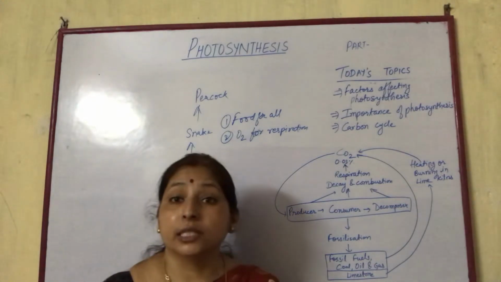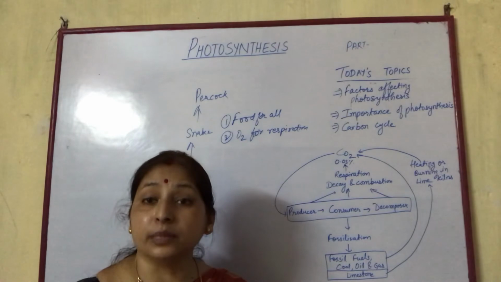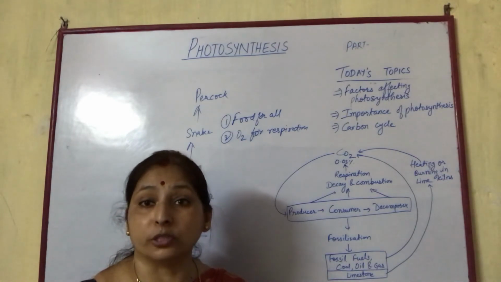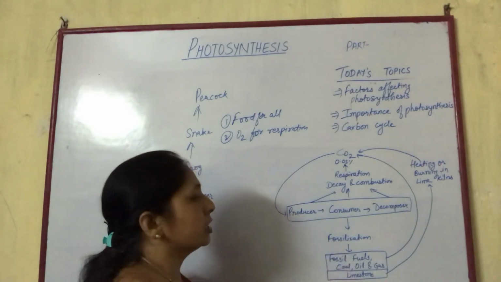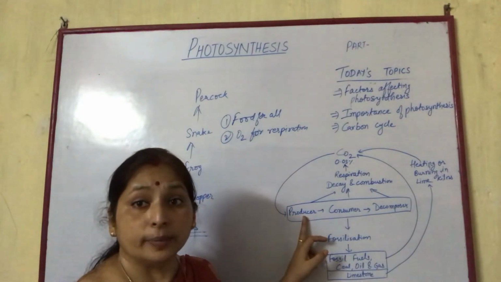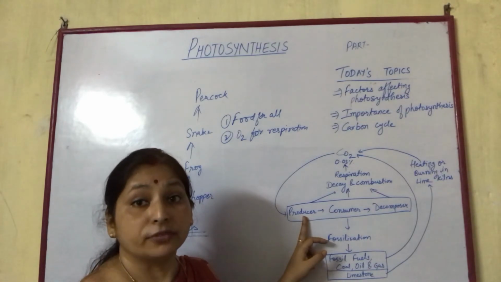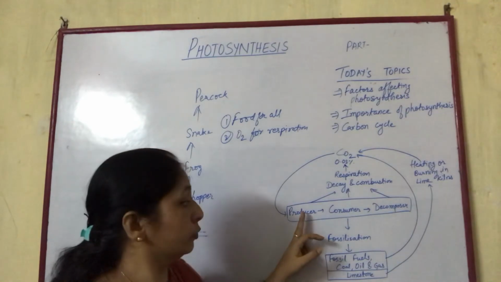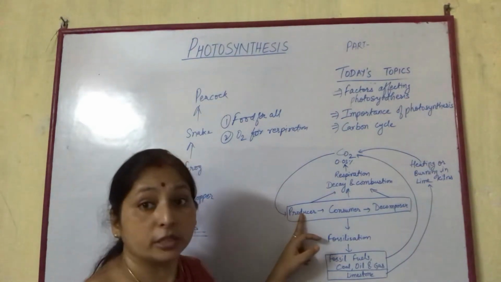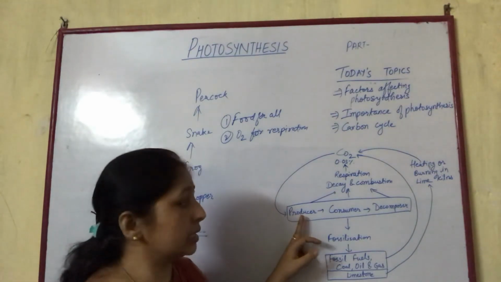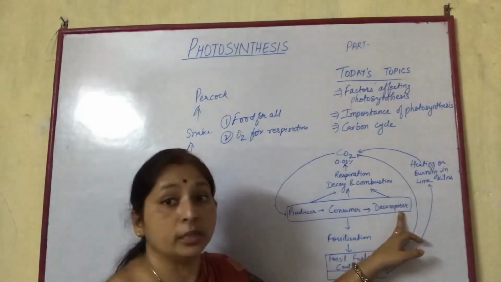Carbon, which is 0.03% in the atmosphere as CO2, is utilized by the plants for the process of photosynthesis. Plants are the producers, the first trophic level of the food chain. So CO2 is utilized by the producer during photosynthesis. It is transferred to the consumer, then to the decomposer.